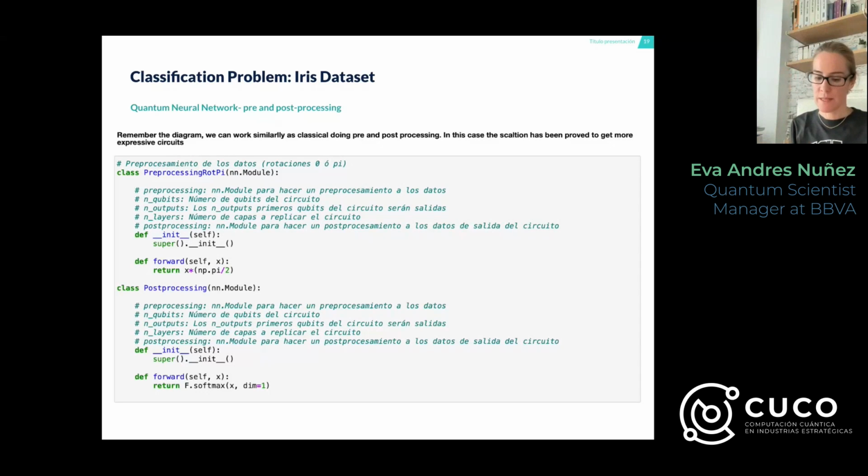Instead of using pi, you have to use pi divided by 2 because you have values between -1 and +1. But it's just an intuition. You have to test this intuition with the experimental results, no? As post-processing, as you can see, we only apply the softmax because we are working with a multi-class problem. If I were working on a binary problem, it would be sigmoid, of course.